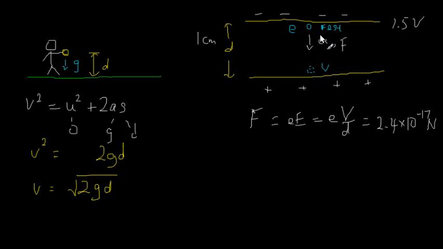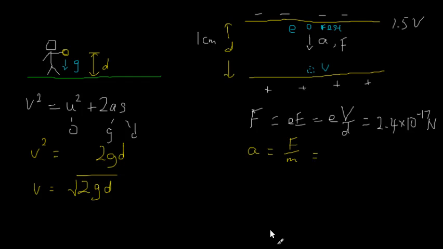Okay, so we know the force for this example, and therefore we can find A. We can find the acceleration using Newton's second law. The acceleration is equal to force over mass, because F is equal to ma, and mass would be the mass of the electron.